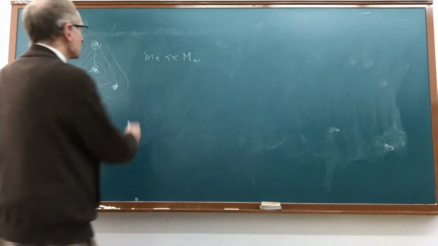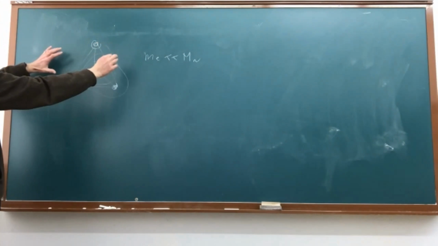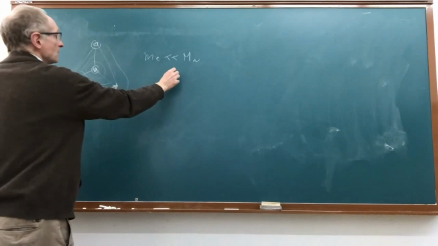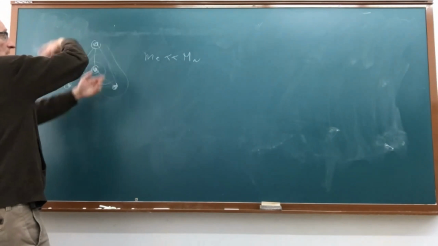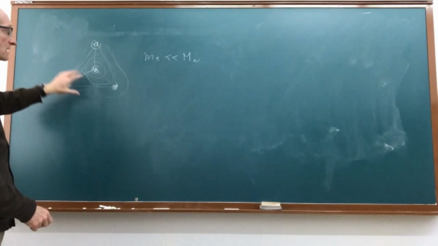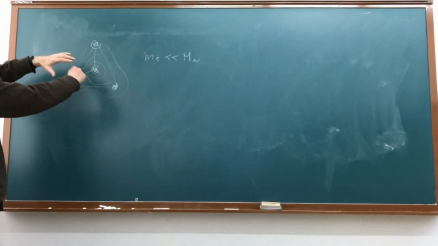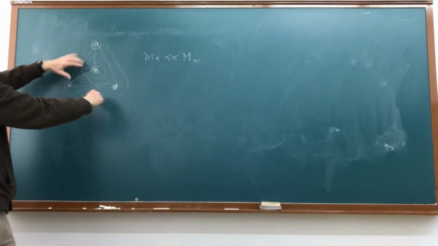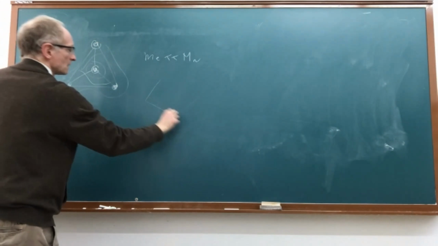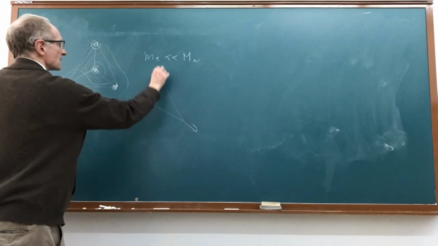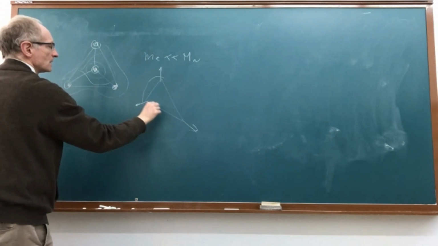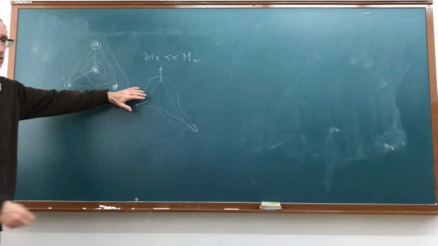So this means that if the molecule rotates, the electron cloud rotates with the molecule, okay? If the molecule vibrates, the cloud is distorted. For instance, if the molecule vibrates like this, the cloud immediately adapts and is distorted, okay?